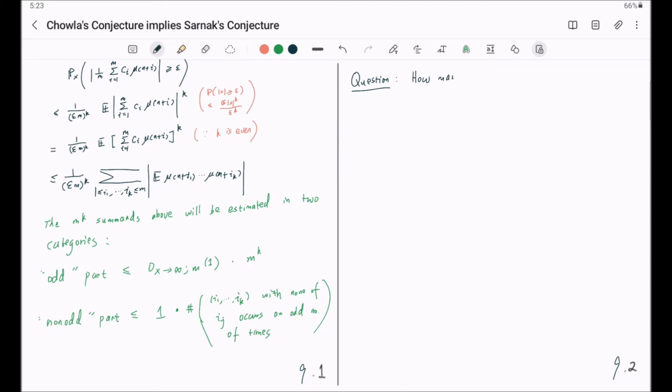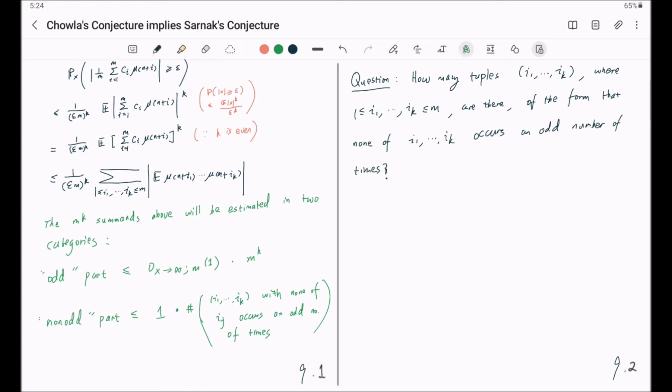Question. How many tuples I1 through Ik, where I1 through Ik are all between 1 and m, are there of the form that none of I1 through Ik occurs an odd number of times?